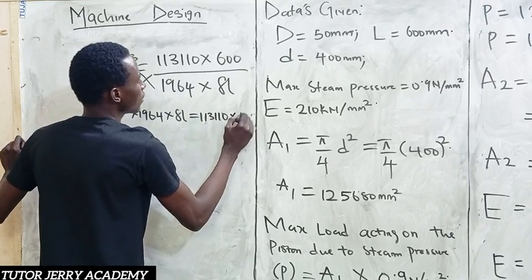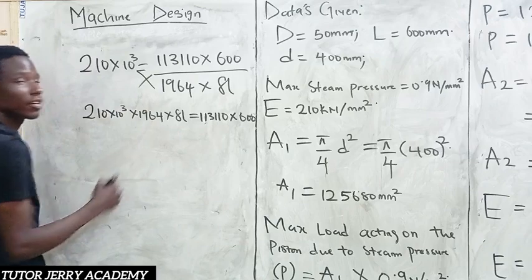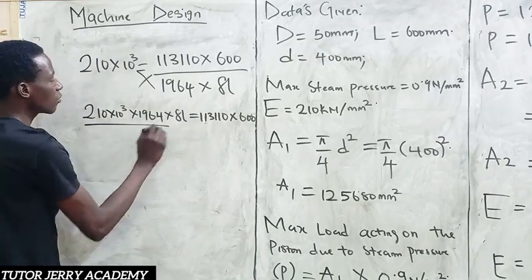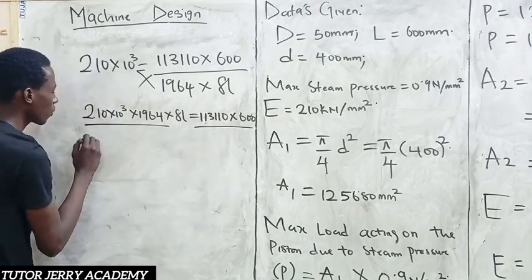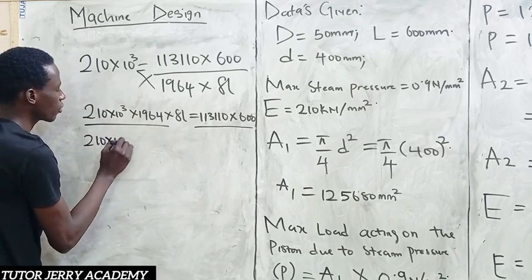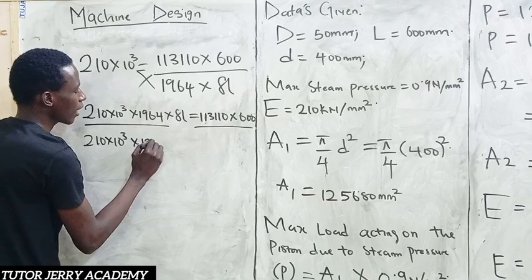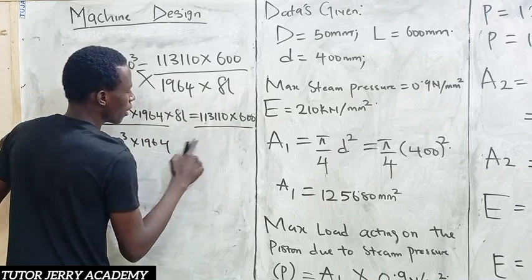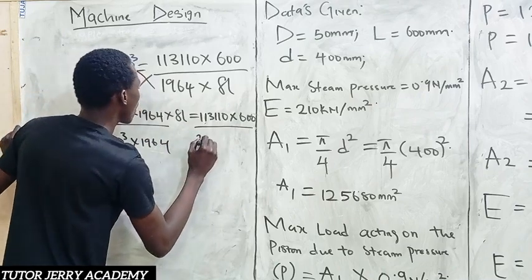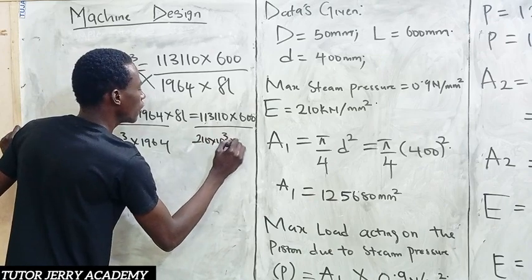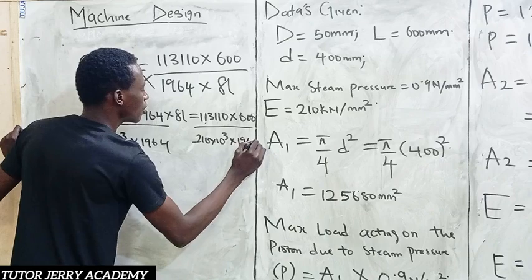If I make change in length the subject, I'm going to be dividing both sides by its coefficient, 210 times 10 to the power of 3 multiplied by 1964.